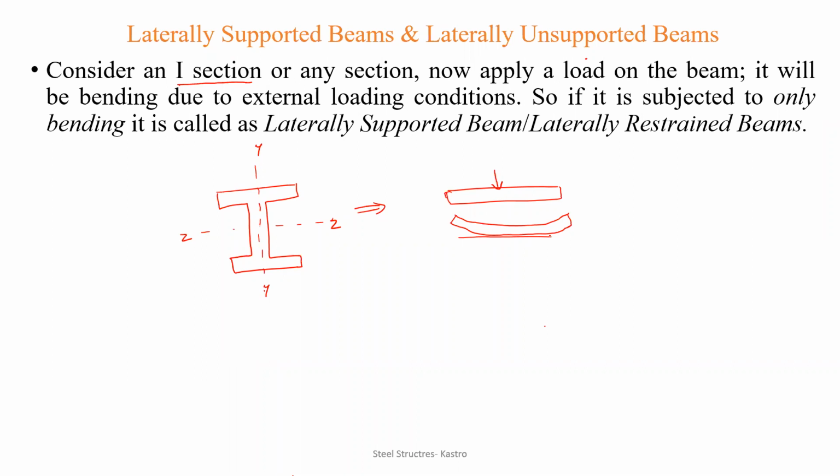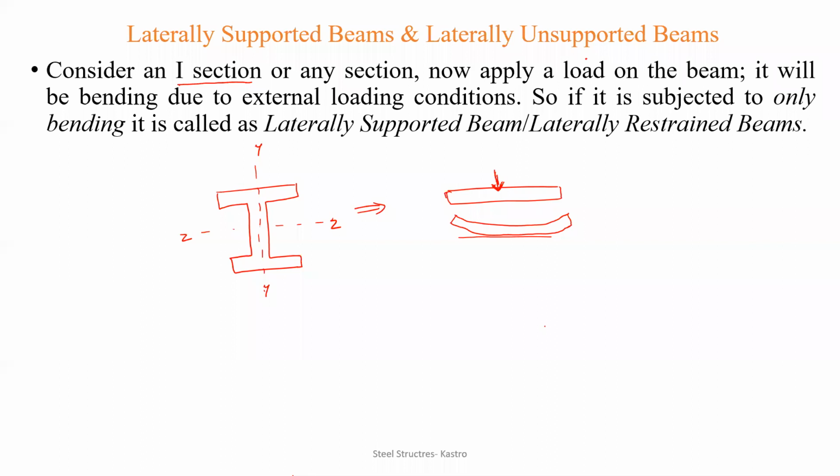Now here what happens is, if the beam is subjected to only bending, that means as soon as you apply the load, you find only bending in the beam, such kinds of beams are called laterally supported beams or laterally restrained beams. Remember, we are applying load on a steel beam, not the concrete beam.